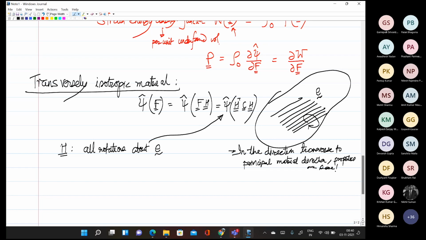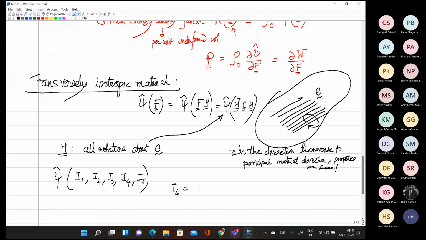Yes, very good. So they are still invariants, but you get two more invariants because the rotation is restricted. So you get extra dependence, you get extra arguments. It turns out you have five independent invariants. So you can say that psi hat depends on five of them, I1, I2, I3, and then I4 and I5. So two of them are extra. The first three are the same as earlier.